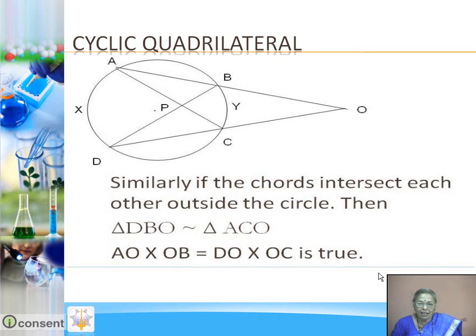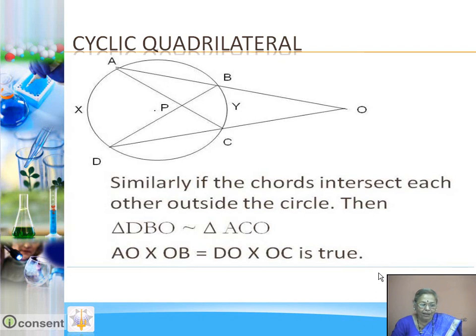That means the sum of them is equal to 180 degrees. Here, if one angle is given, you can find out its opposite angle. One example is given. Read the example and try to solve that example.